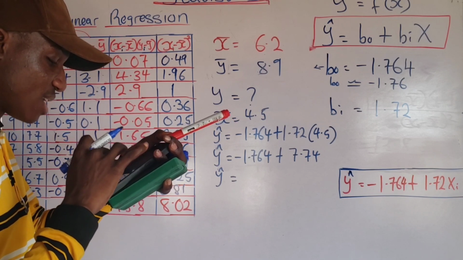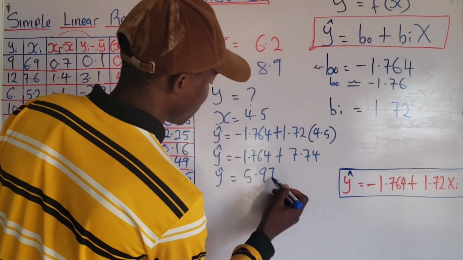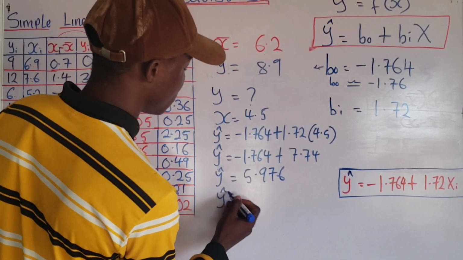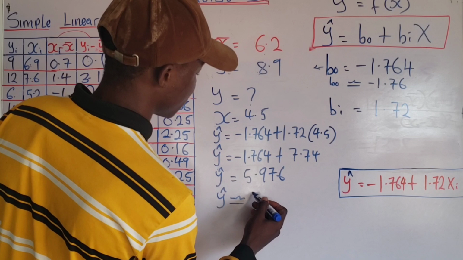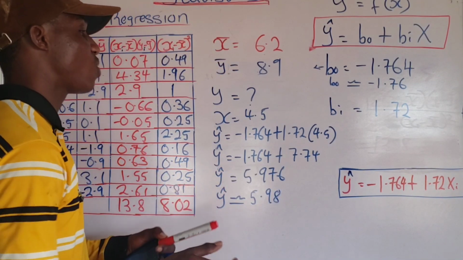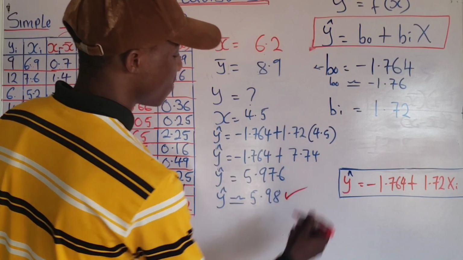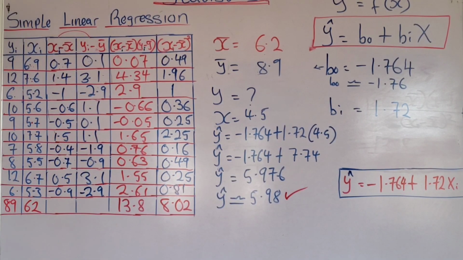That is 5.976. So you can approximate to 2 decimal places. That is 5.98. Okay. So the value of y when x is 4.5 is 5.98, to 2 decimal places.